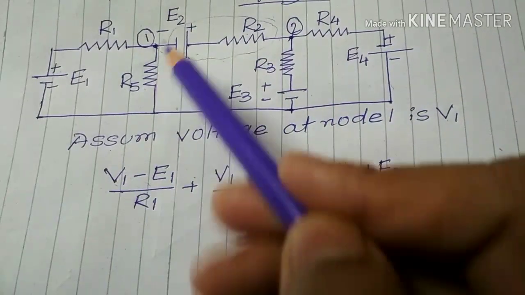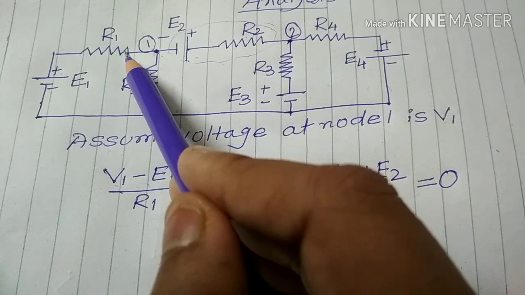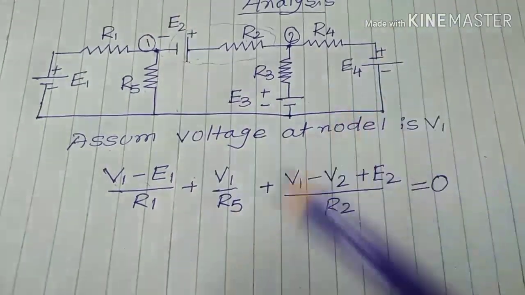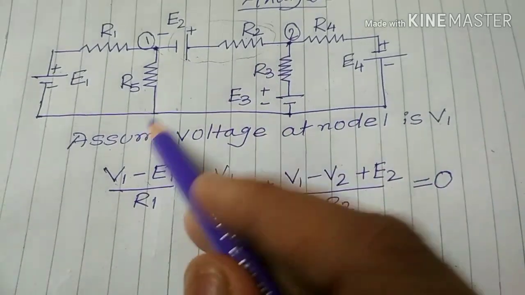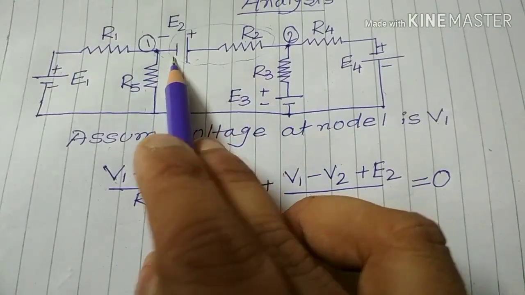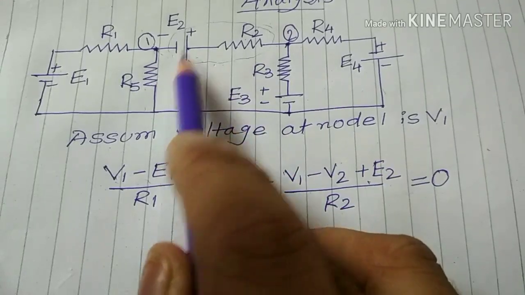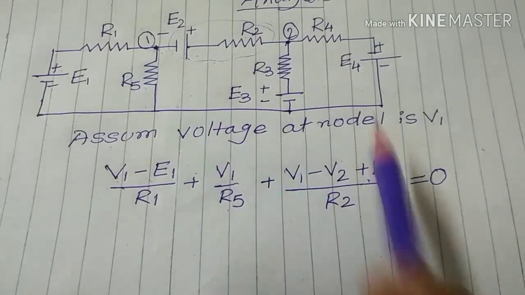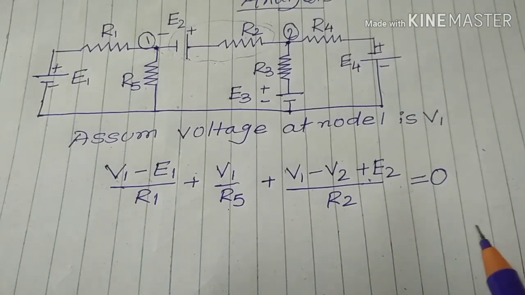So (V1 minus E1) divided by the resistance R1, V by R equals I. In this branch, V1 by R5, and in this branch, V1 minus V2 plus E2, because minus to plus is a voltage gain, so plus E2, divided by R2, equals 0. So this is one of the equations.